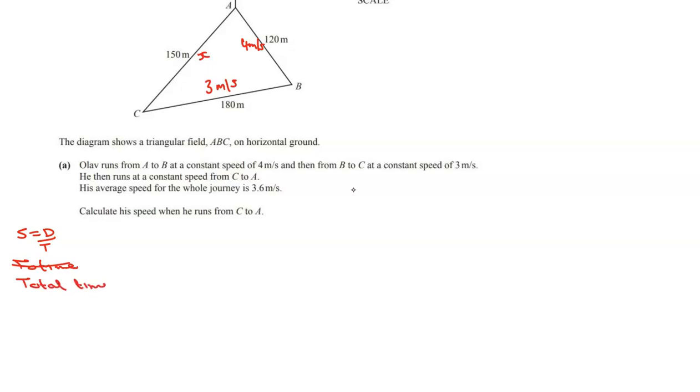Total time is given by total distance divided by the average speed. The total distance here means we take the 150, add 120, and add 180, those distances given there, which is 450 meters, divided by the average speed, which is 3.6.